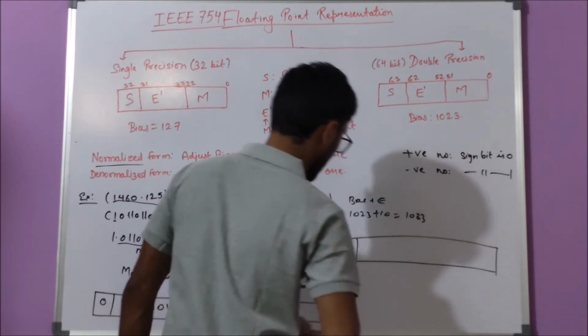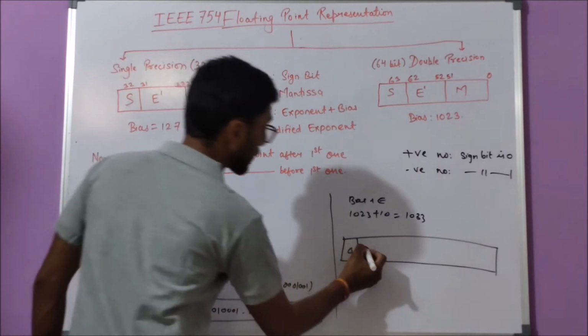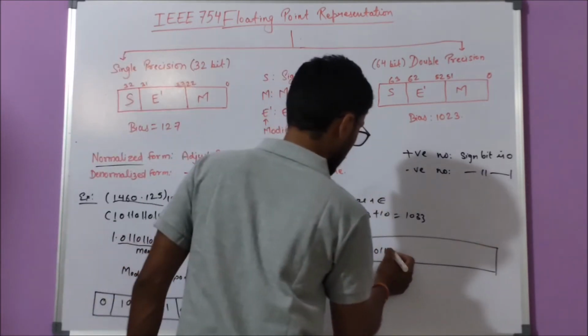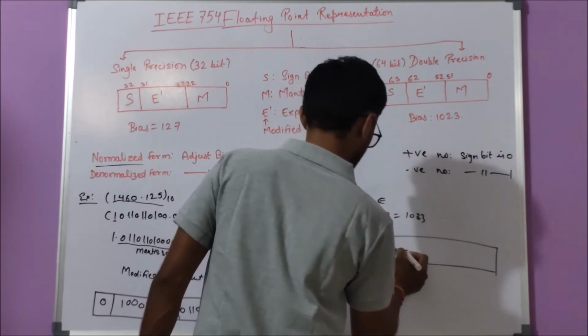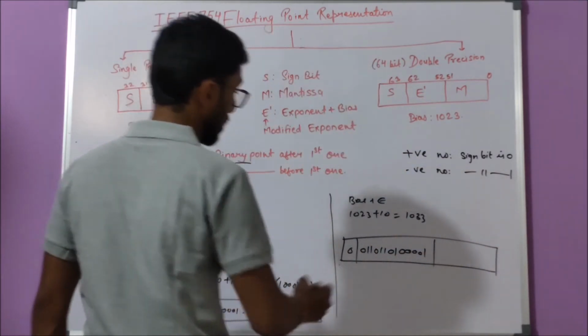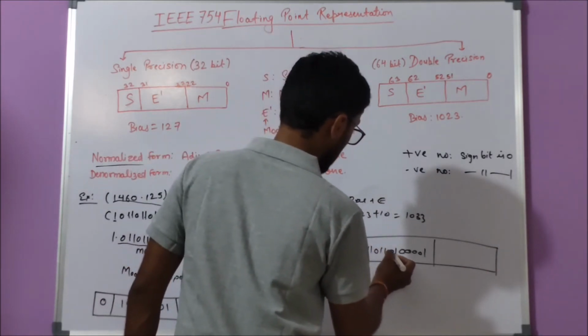Sign bit is 0, mantissa is 0 1 1 0 1 1 0 1 0 0 0 0 1. I think it's 1 2 3 4 5 6 7 8.